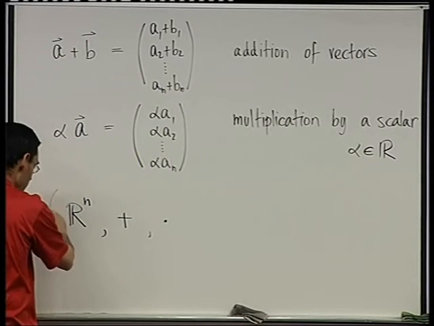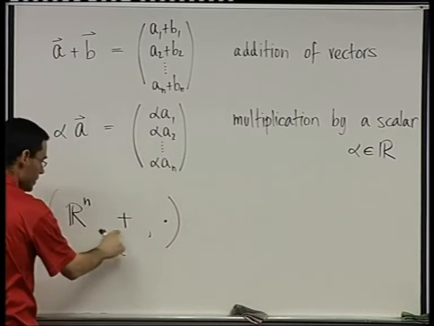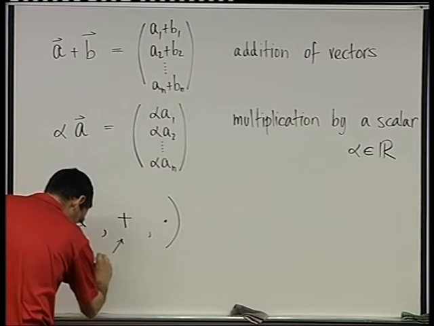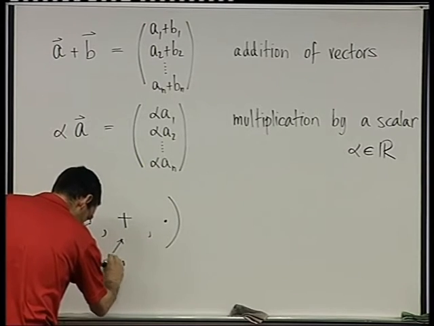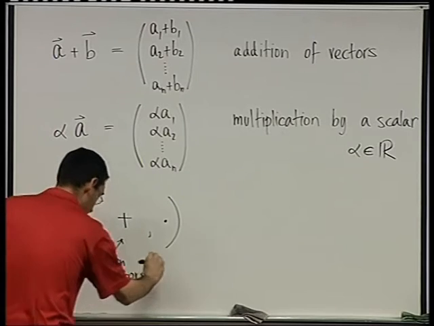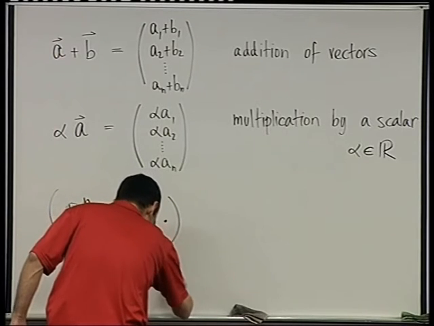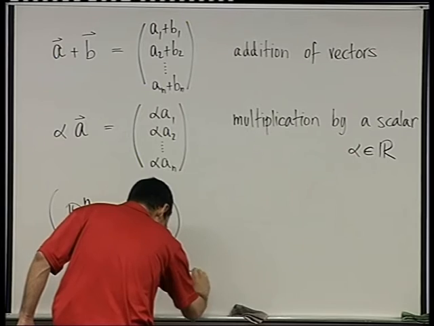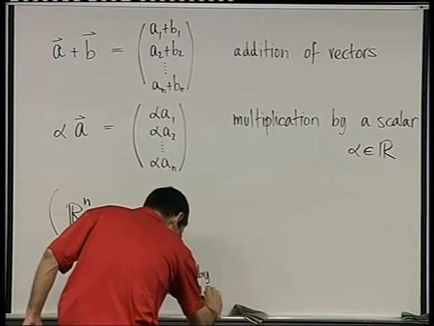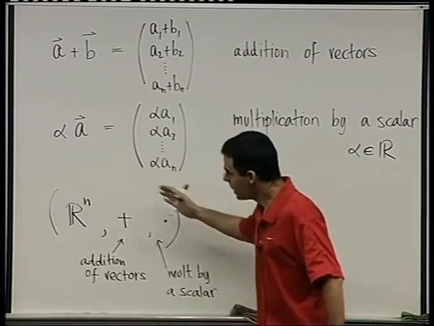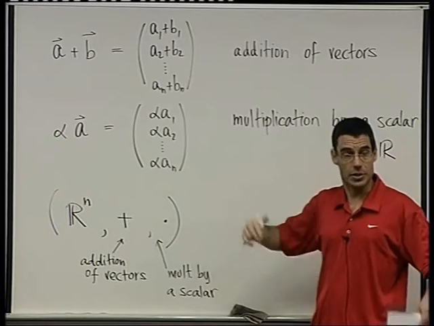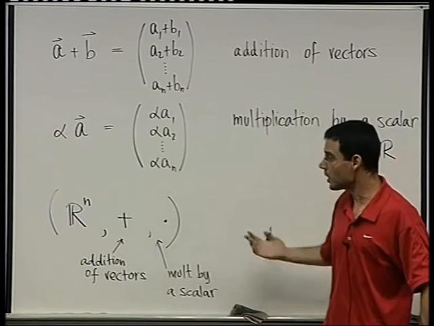So this triple of a space with these two operations, addition of vectors and multiplication by a scalar, this structure, now it's not just a bunch of elements, it has some structure on it.